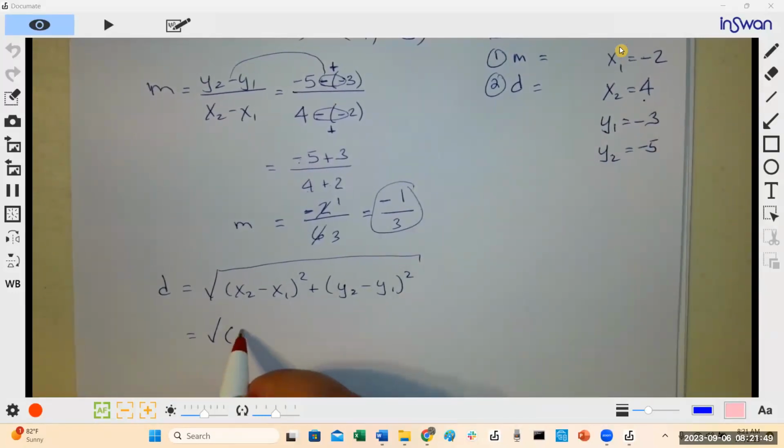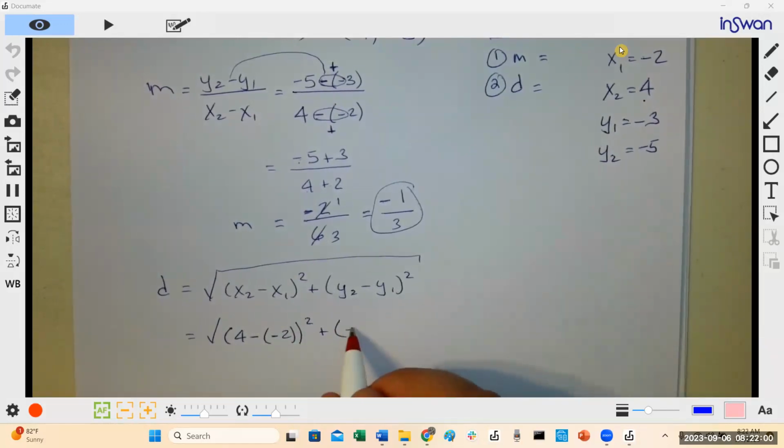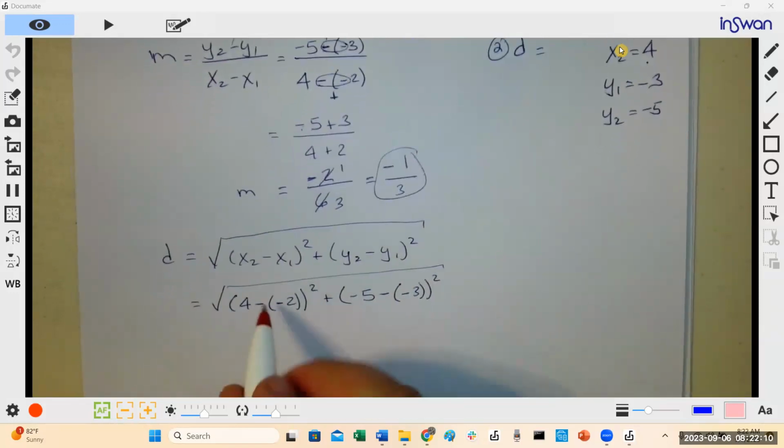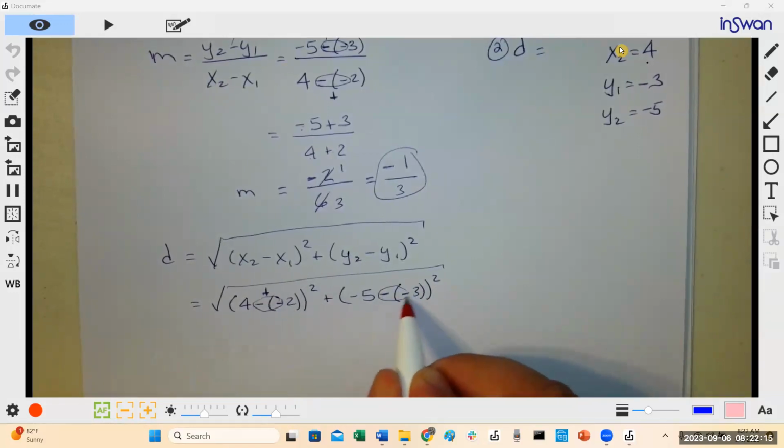X2 is 4 minus x1 is -2, squared. Y2 is -5 minus y1 is -3. Two negatives, so it becomes a positive. Two negatives, so it becomes a positive.